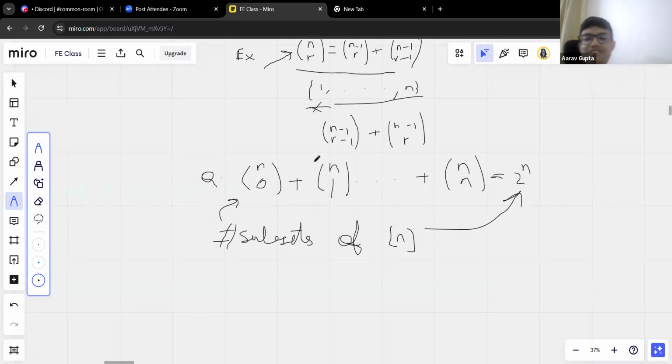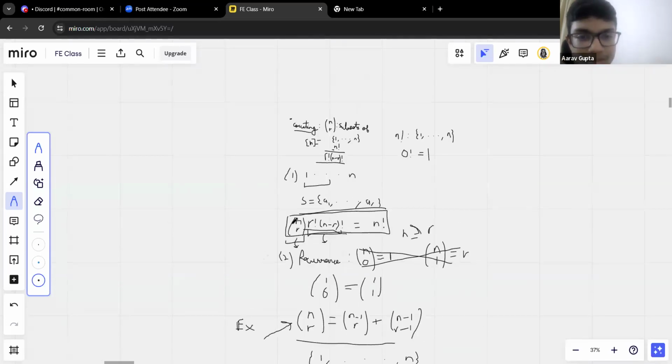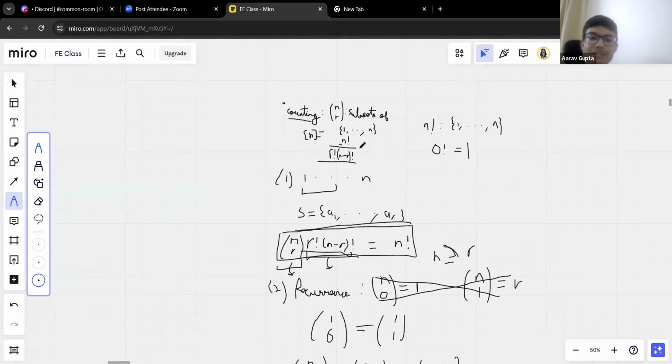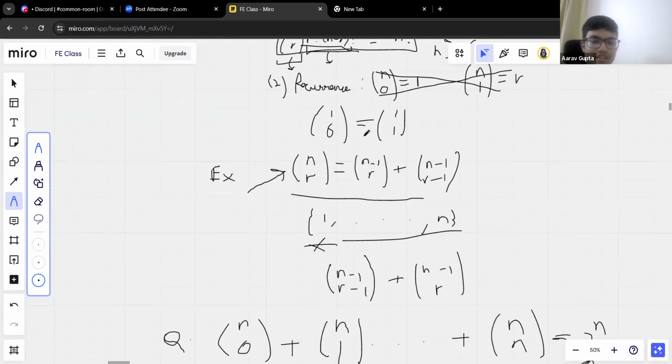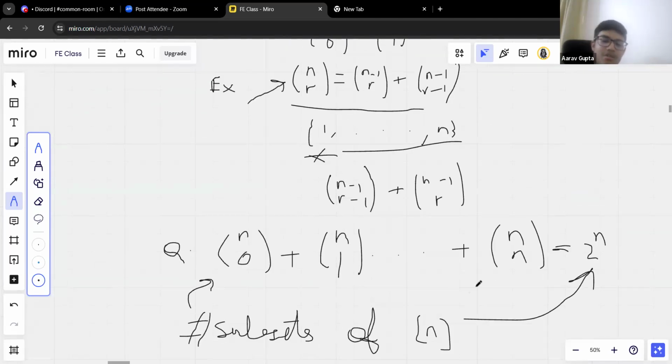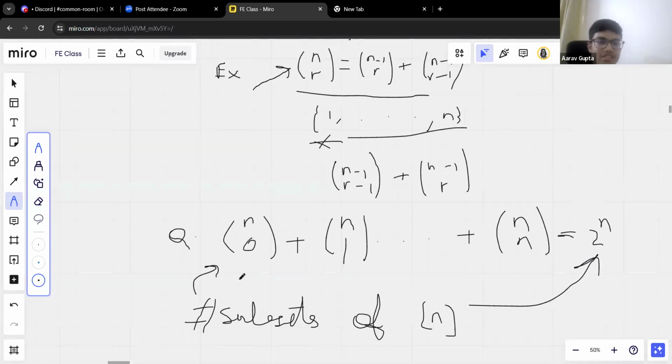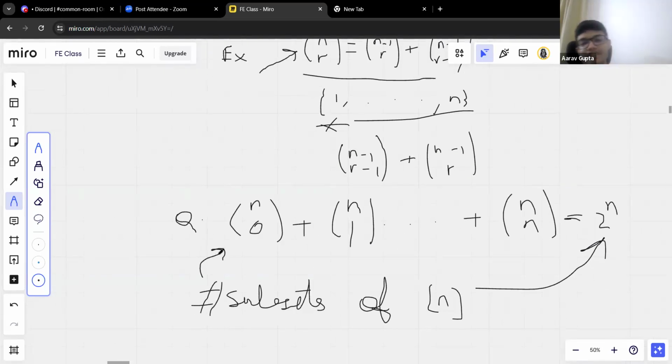So the motivation for this is n choose r is basically the number of r-element subsets of 1 to n. So if you sum from 0 to n, you get the subsets of any size from 1 to n. So it is reasonable to see that this is the number of subsets of n.